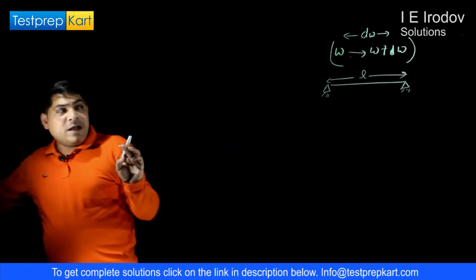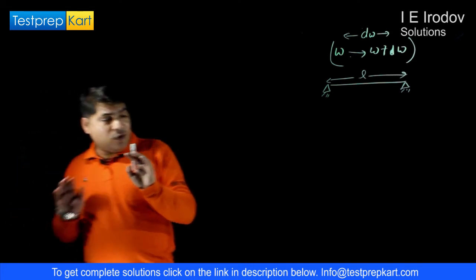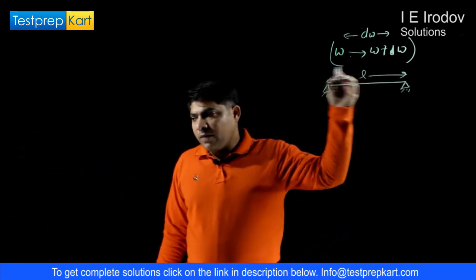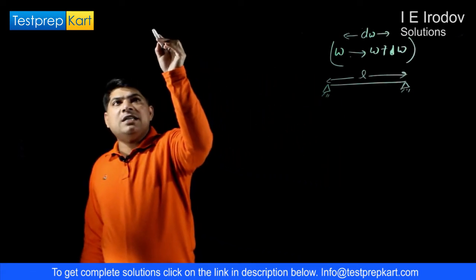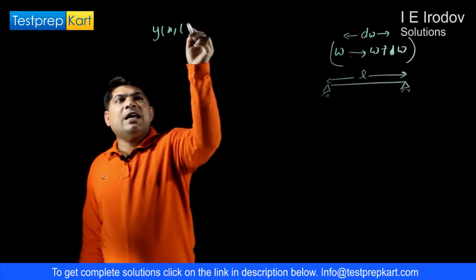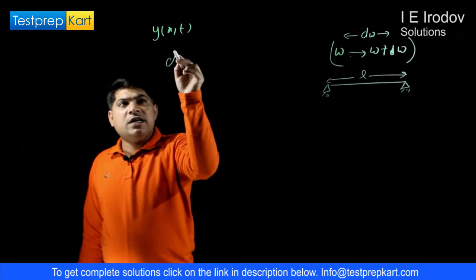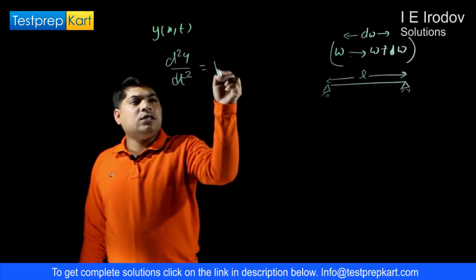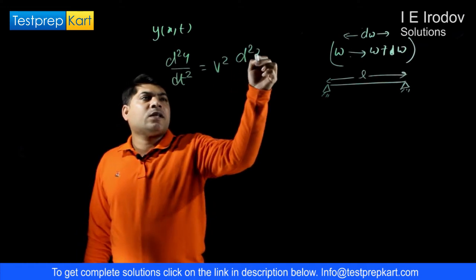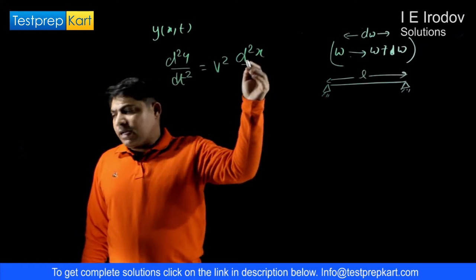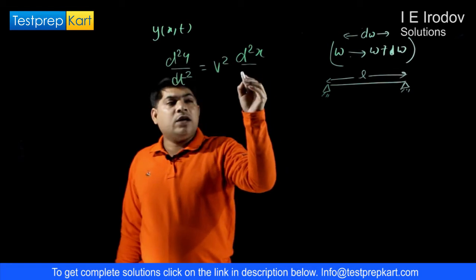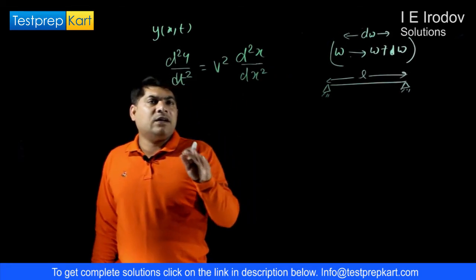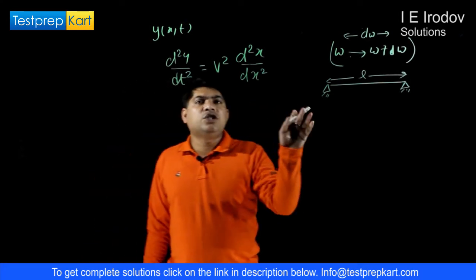So if all vibrations are taking place in one plane, then the wave generated in this string can be expressed as a function y(x, t), such that d2y over dt square is equal to v square d2y over dx square. In this way, this function will change.